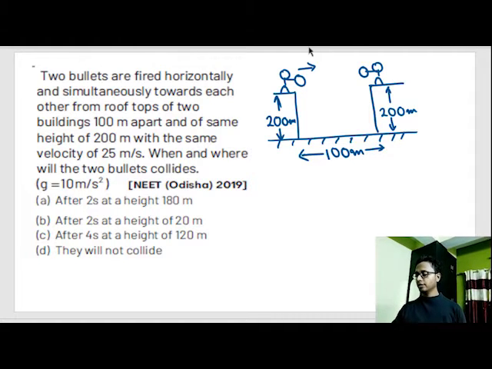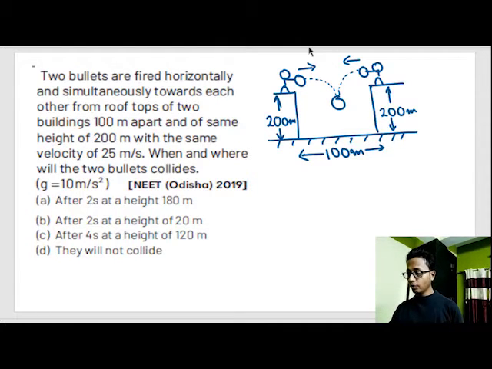Now a person on the left and a person on the right throw a ball with the same velocity, and the balls collide. They are asking when and where the two balls will collide.